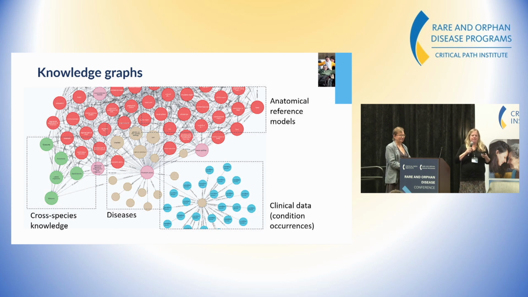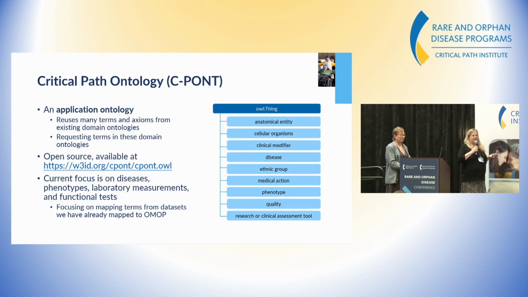So we have information about diseases, phenotypes, laboratory measurements, and functional tests, so we can standardize the data that we're gathering in the RDCA-DAP using this ontology. And this is an open source ontology, and it's available at the URL listed here.